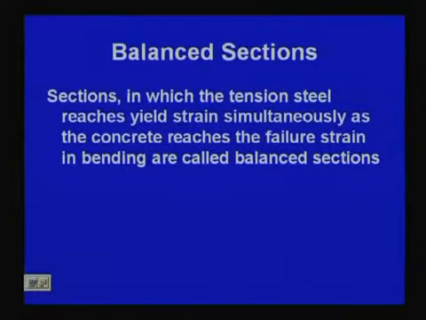Sections in which the tension steel reaches yield strain simultaneously as the concrete reaches the failure strain in bending are called balanced sections, because we are considering beams, and that is mainly for bending, the dominating one. So, we shall consider that section as balanced when concrete and steel both simultaneously reach the specified limiting strain.